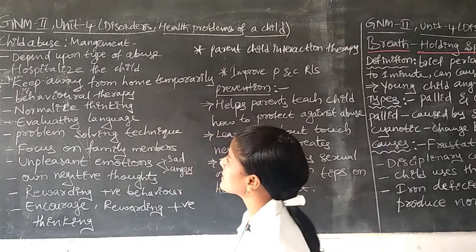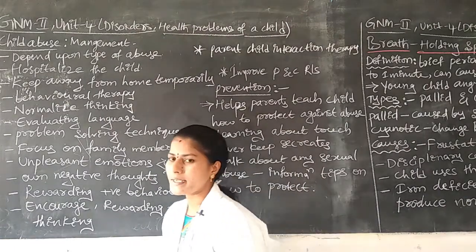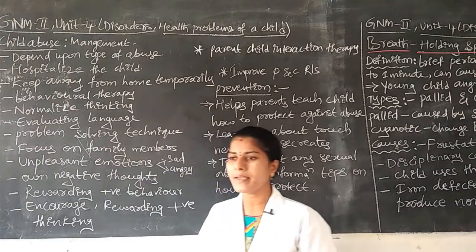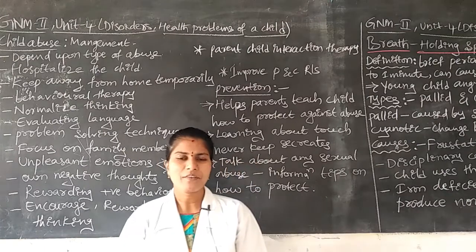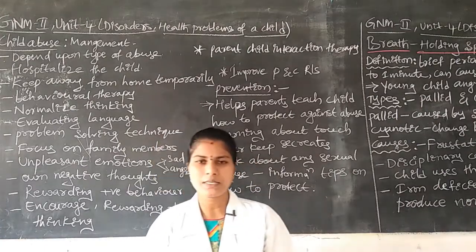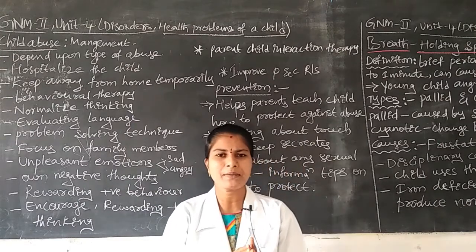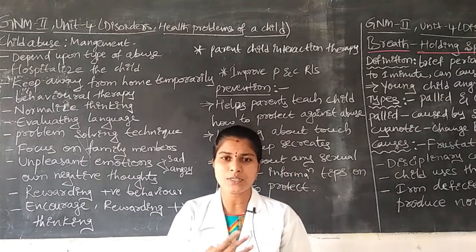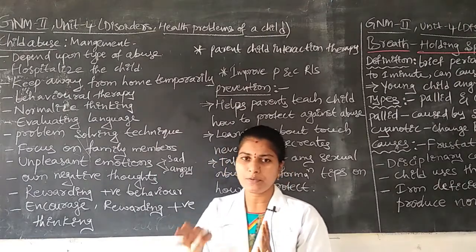Next is keeping the child away from home temporarily. Sometimes the child is abused by the family members themselves. Why? Because the mother may be a secondary mother. The primary mother, the first mother, died due to some problem, and the father married another woman.